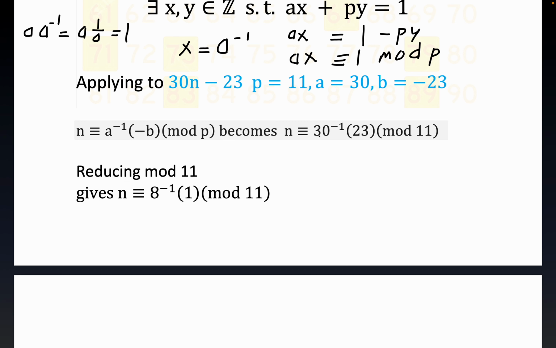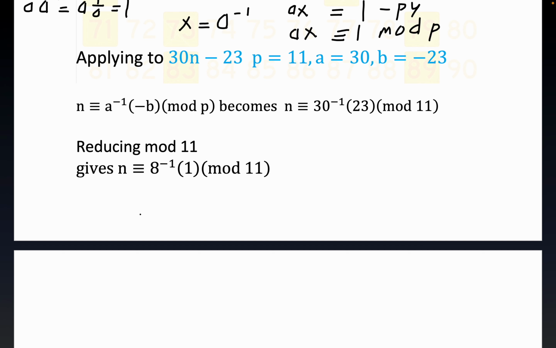Then 30 can be replaced with 8, because 30 is equal to 2 times 11 plus 8. So we reduce this mod 11, and then it's not hard to show that 8 inverse is the same as 7. And I'll do that.